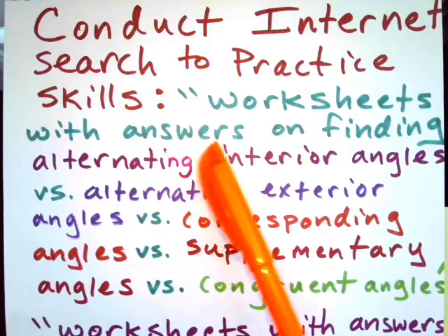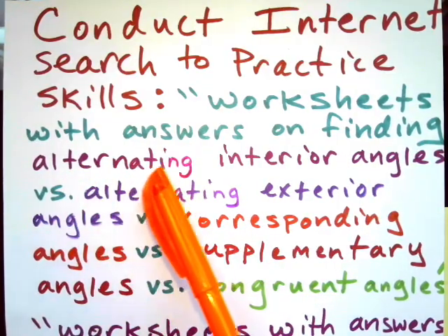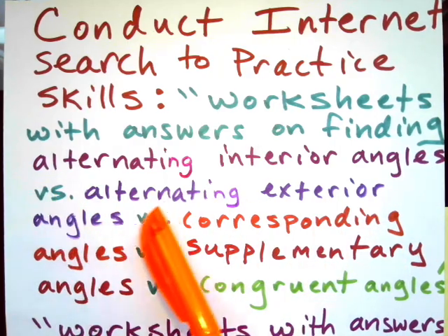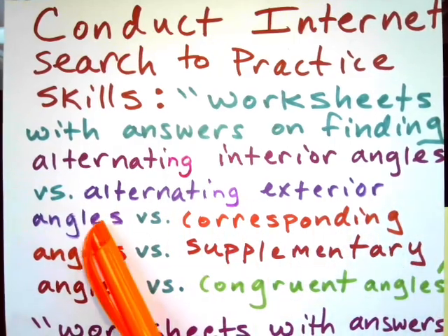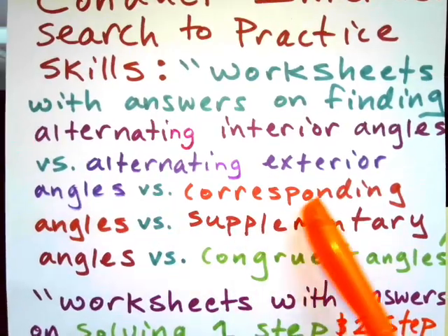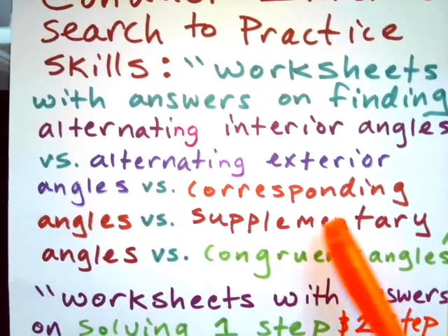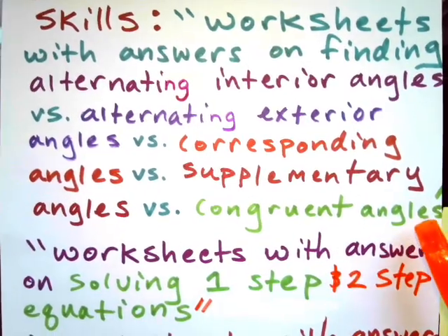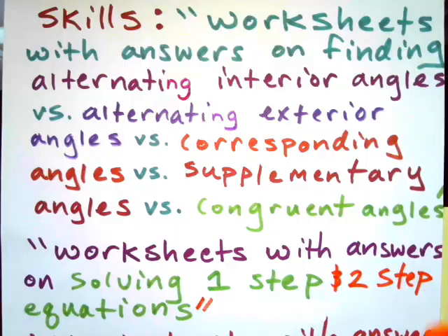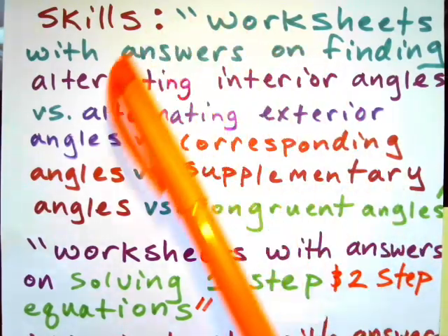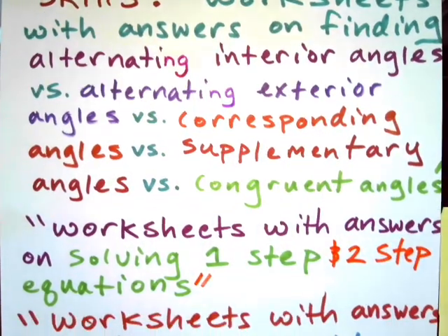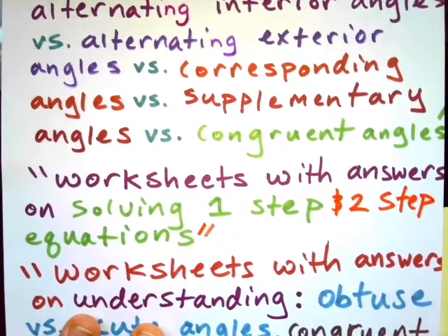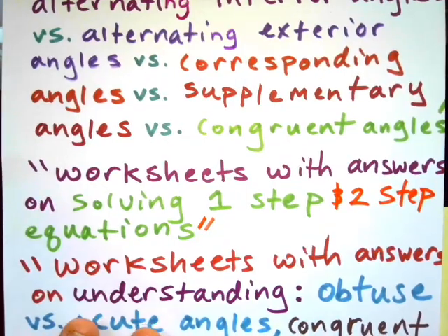Worksheets with answers on finding alternating interior angles versus alternating exterior angles versus corresponding angles versus supplementary angles versus congruent angles. Believe it or not, there are worksheets out there. They'll have you fill in the blanks so you can become familiar with these different types of angles. They will help you get stronger and stronger. Your knowledge, skills, and abilities will get better and better.